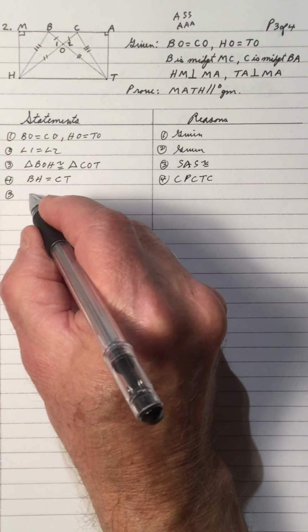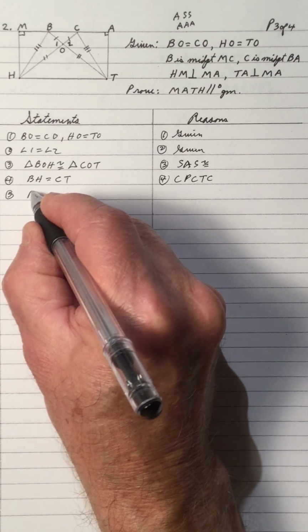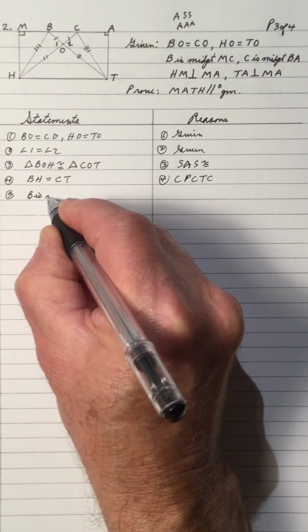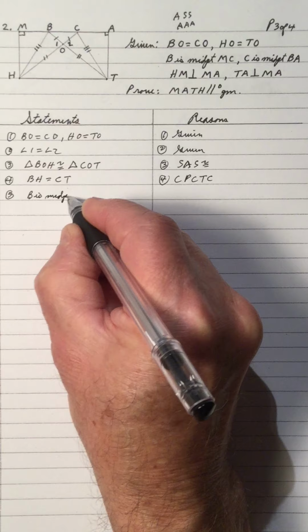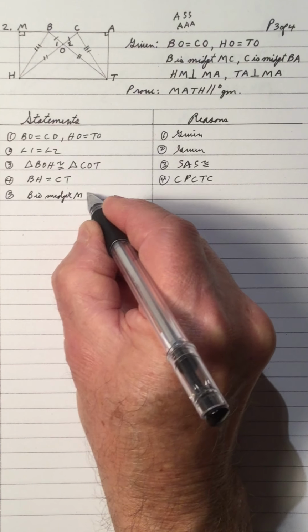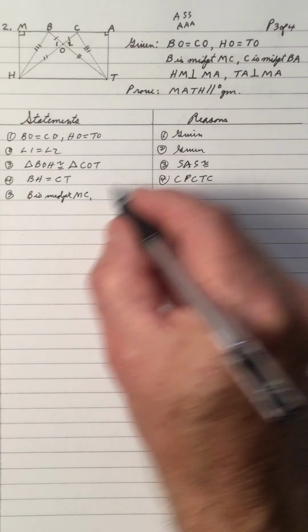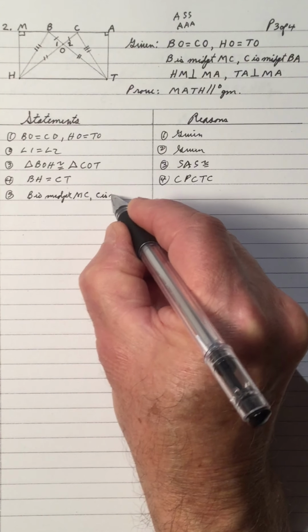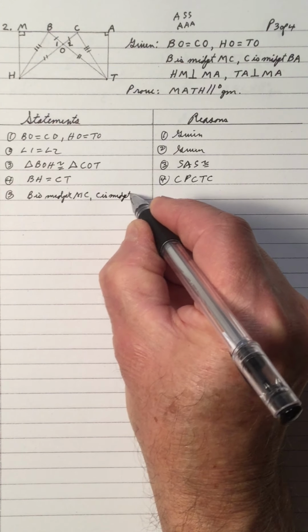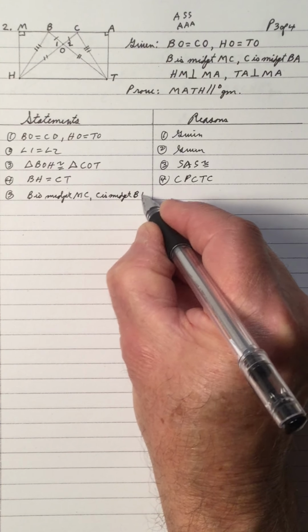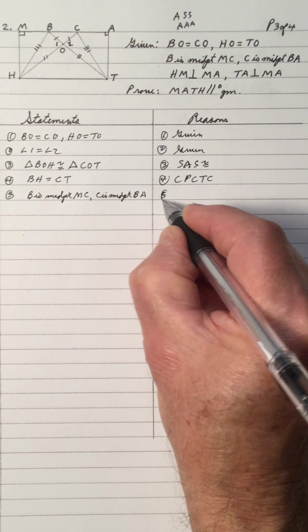And number 5, we have B is the midpoint of MC, and we have C is the midpoint of BA. Putting both of these in the same statement, and that's a given.